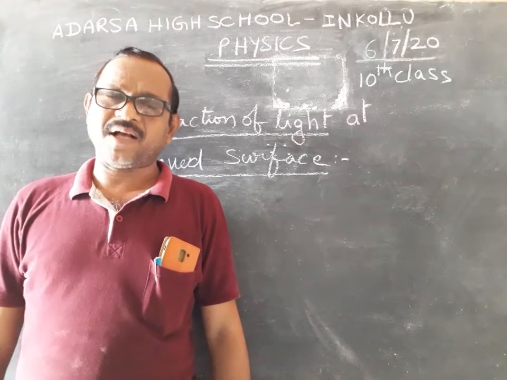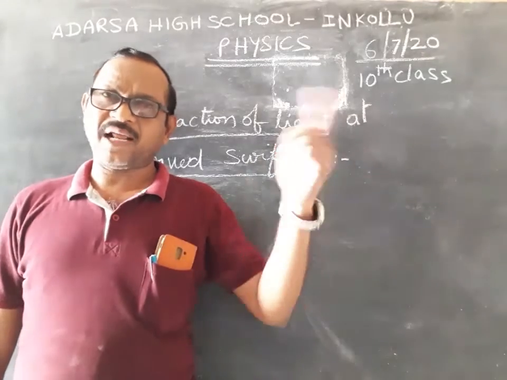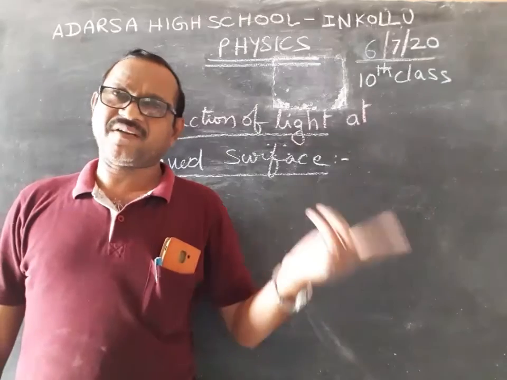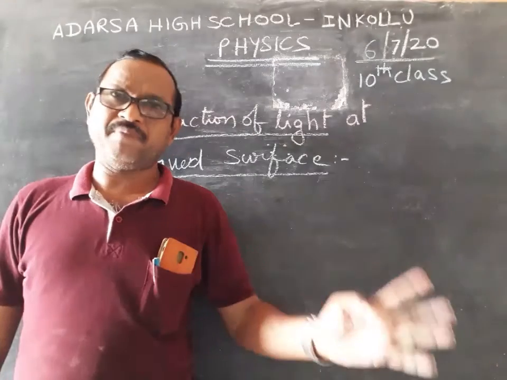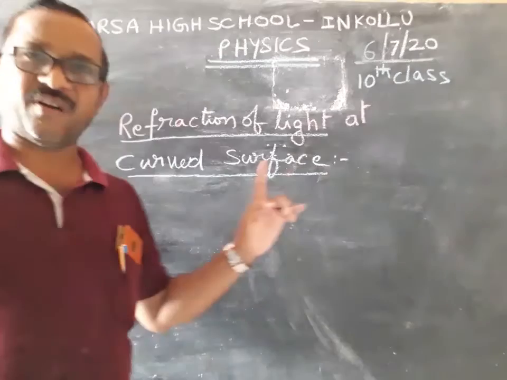When a light ray passes from a denser medium to a rarer medium or from a rarer medium to a denser medium, at the interface it will be bent. This phenomenon is known as the refraction of light.